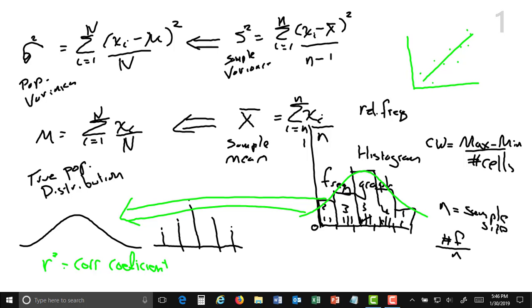So we would expect R squared to be greater than 0, and it can't be greater than 1. So R squared is less than or equal to 1. This gives you a measure. The sign gives you the direction, but the number R gives you how close it's clustered around that line.